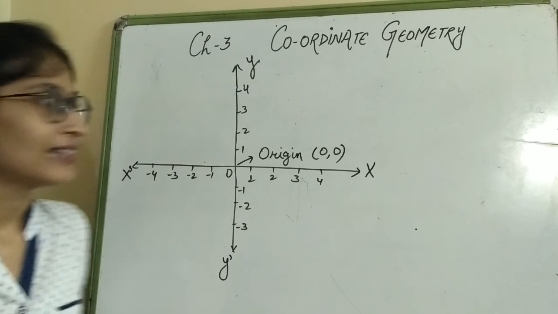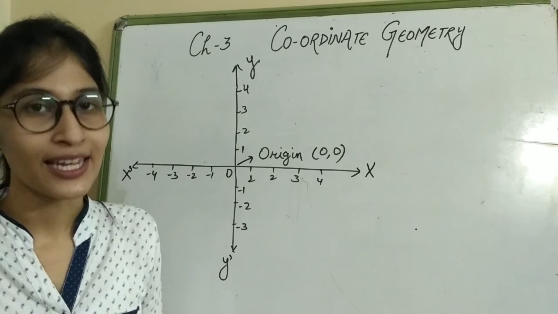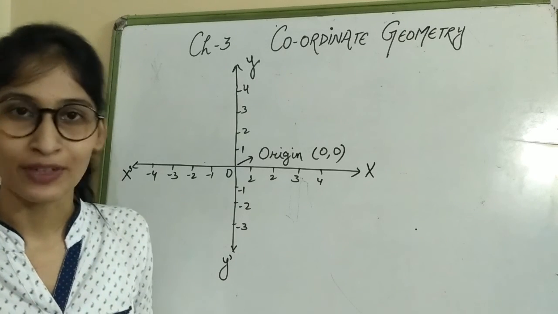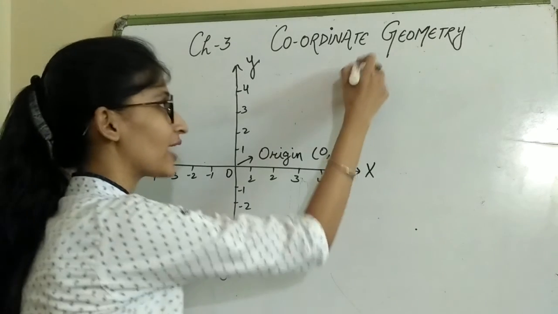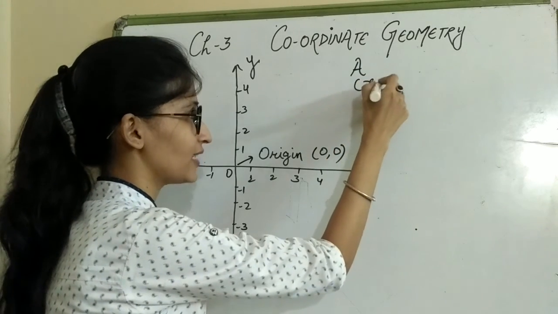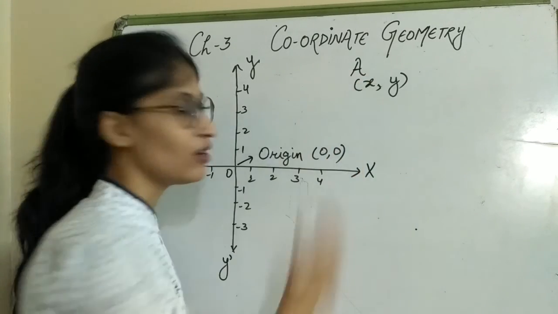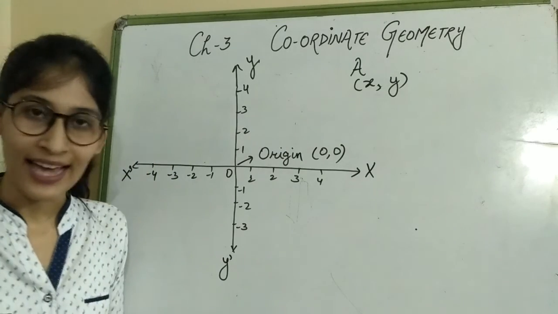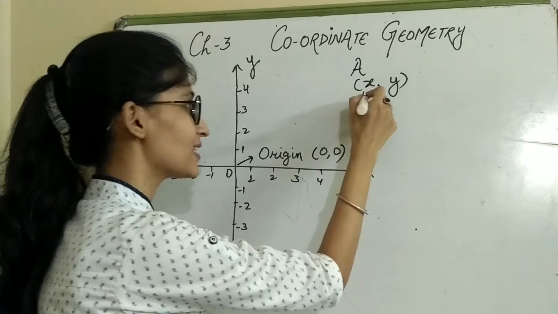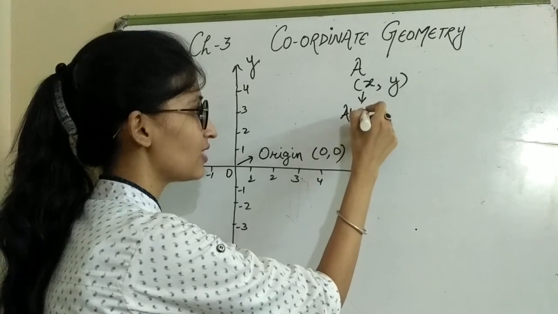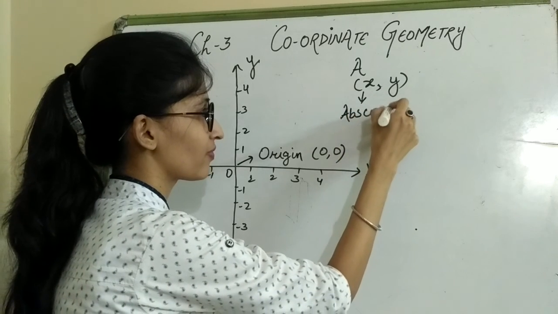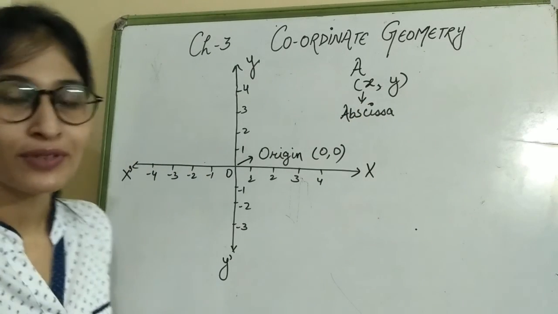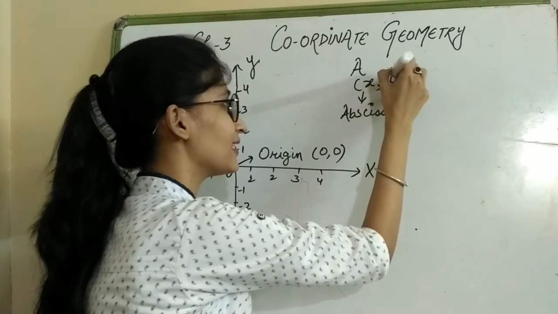Next, how we are going to denote any coordinate or any point on the given plane? The way to write a coordinate, first we are going to write the x coordinate, then y coordinate. X coordinate is also known as abscissa, and the name given to the y coordinate is ordinate.